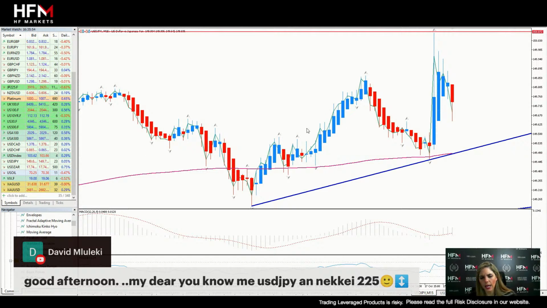Higher high, higher low, so it's ready in the 15-minute chart. The dollar yen is ready to correct a bit with the support coming at the 149.50 level.